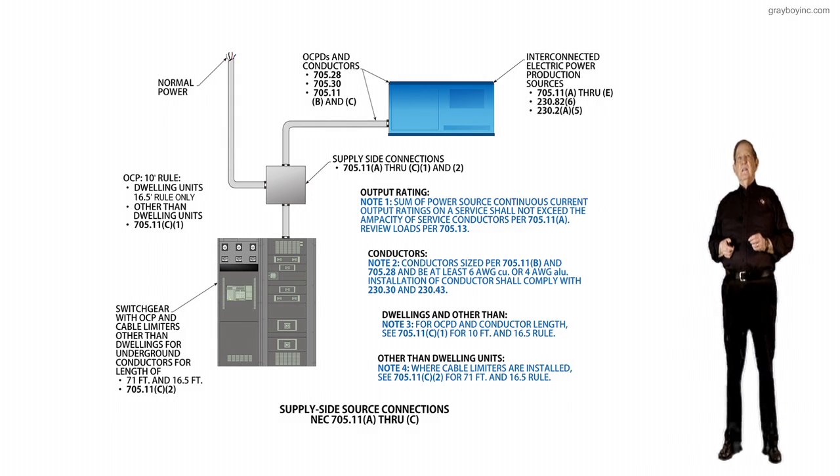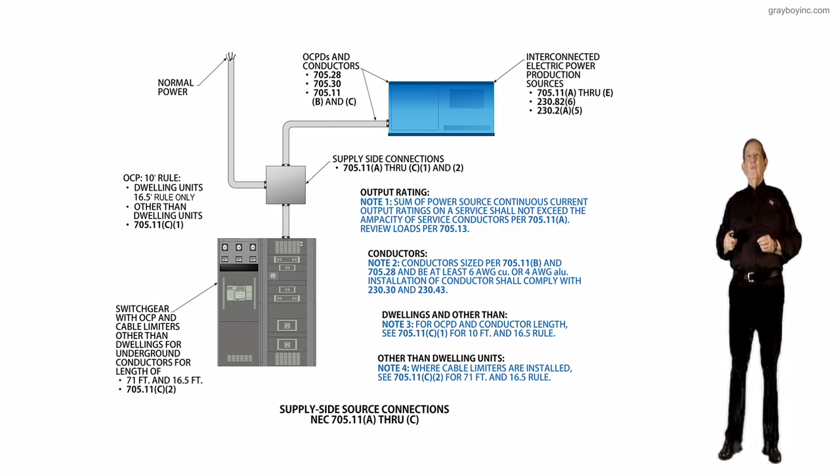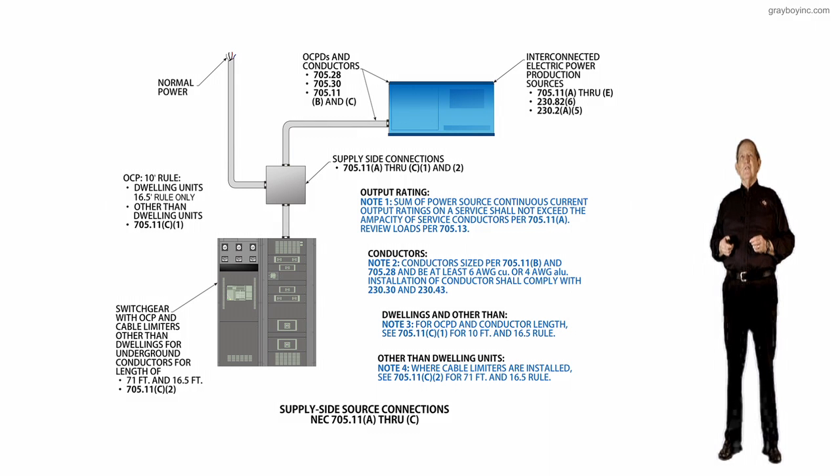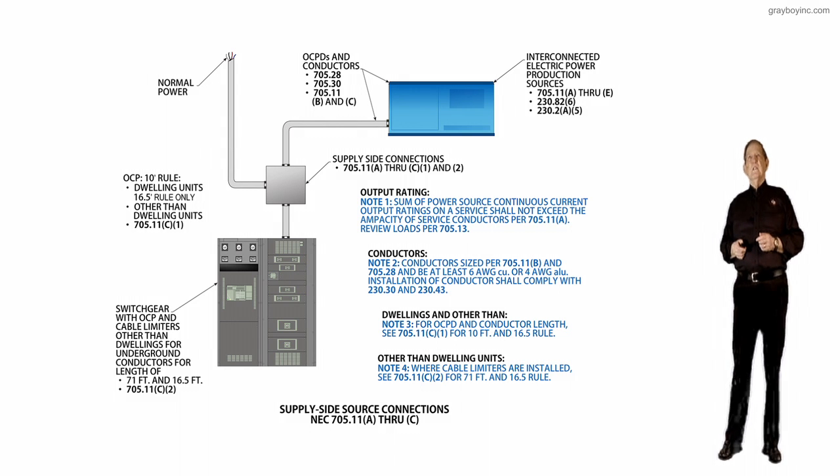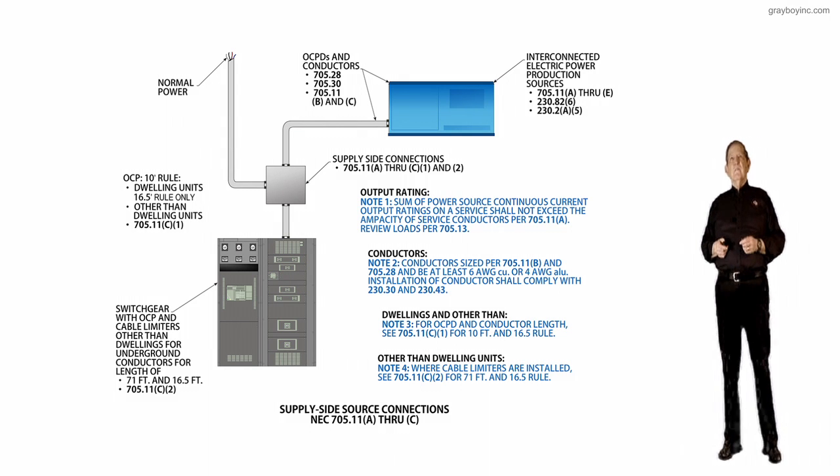Now, the last little callout is at the generator. You have an arrow pointing to the generator and a second arrow pointing to the raceway system, and it talks about the overcurrent protection and conductors from the generator to the transfer switch and where it interconnects with the utility at the interactive inverter.